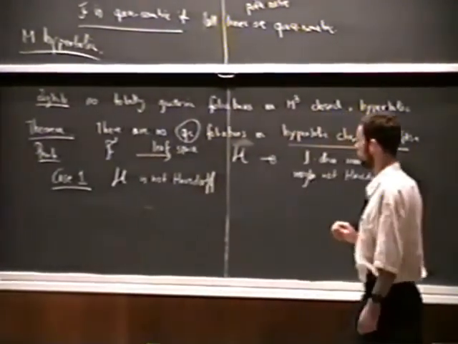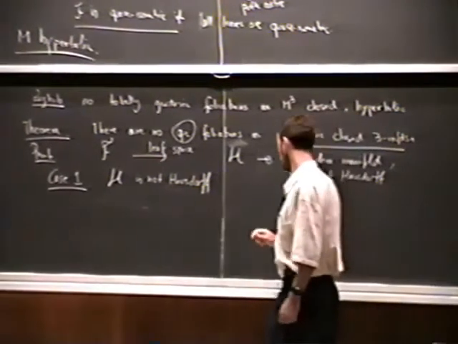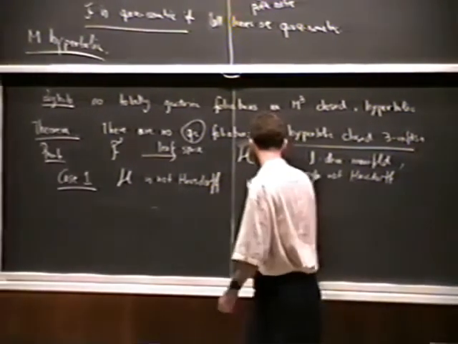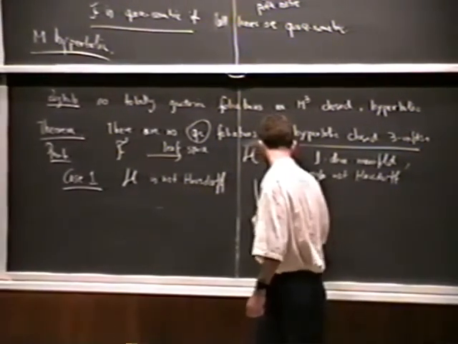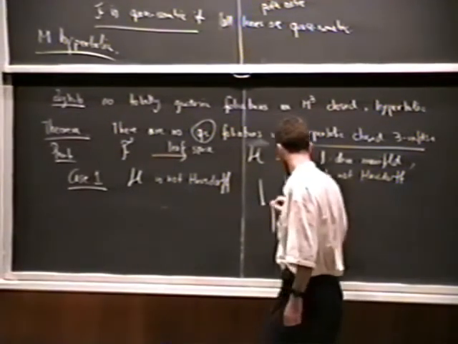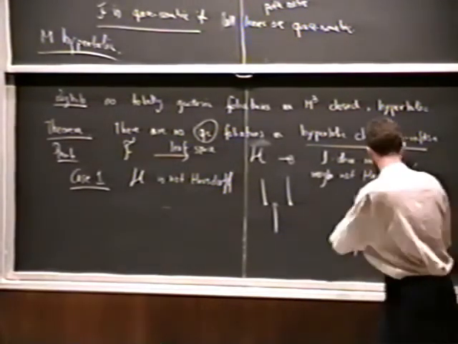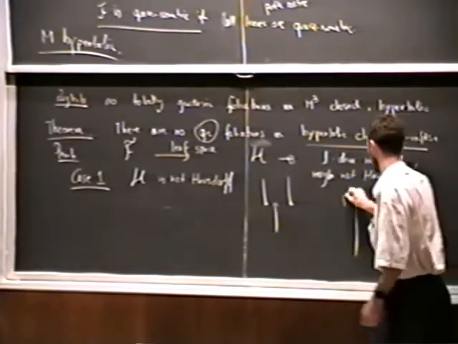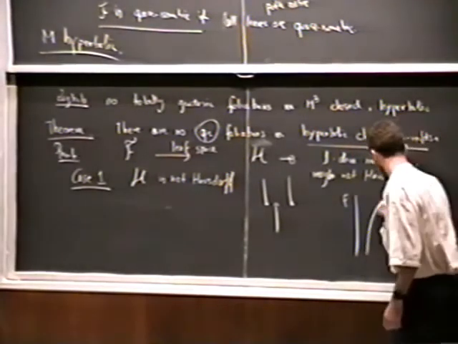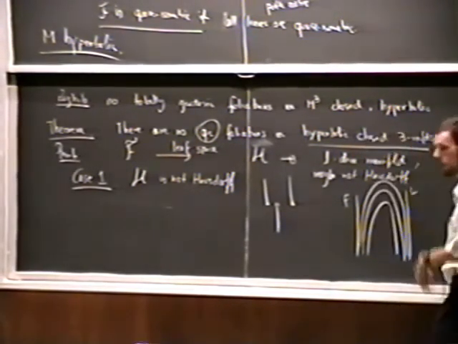And I'm going to show then the foliation cannot be quasi-isometric. So if it's not Hausdorff, you have two points here which are non-separated. So they're limits of different leaves. And we can get sort of a picture where there are these two distinct leaves, F and L, and leaves which are converging to F and L, and maybe other leaves.